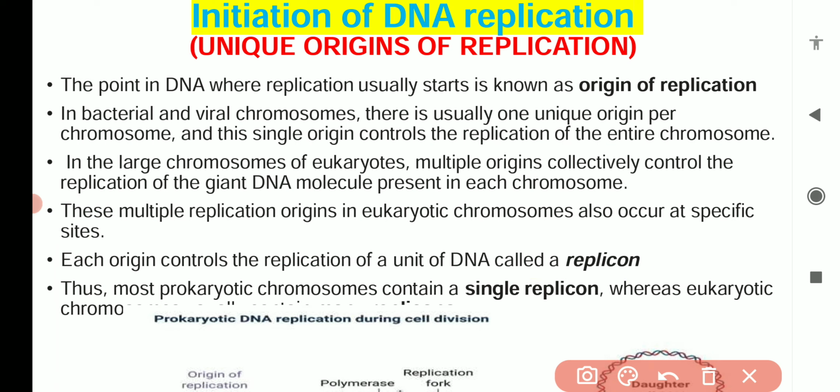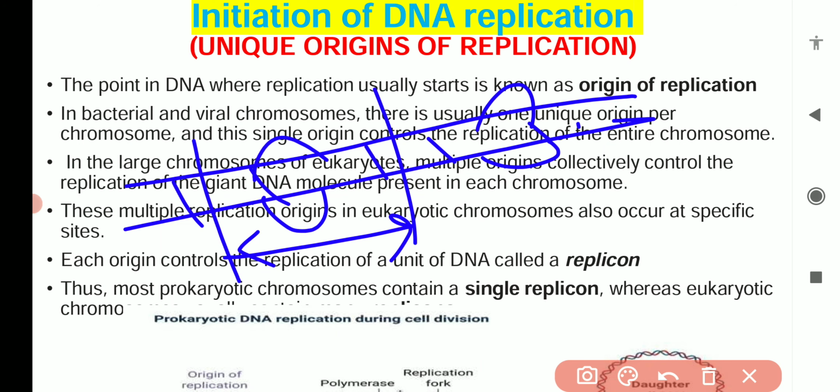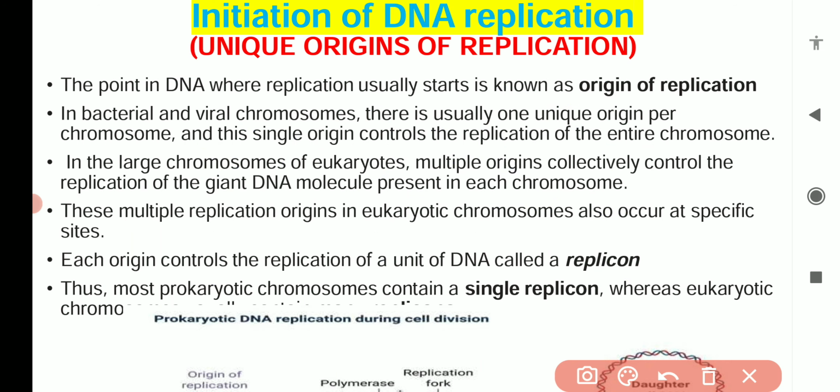Basically, if this is a DNA molecule with an origin of replication, it will control the replication of a specific segment of DNA in the nearby region, and this is known as a replicon. This is one replicon, this is the second replicon, like that. So what is a replicon? A replicon is basically a DNA segment that is controlled by a single origin of replication.